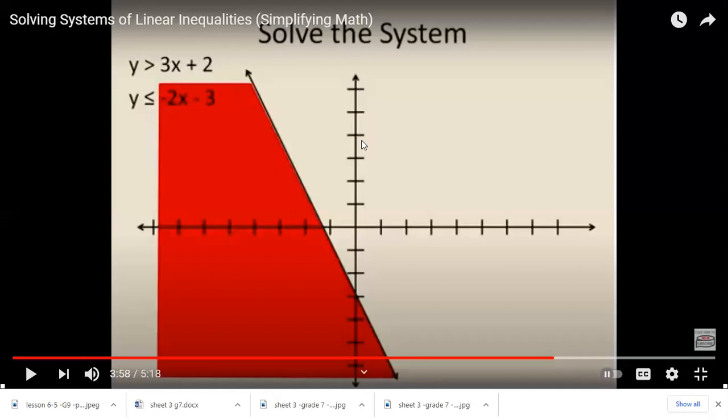Kariman, this line should be solid or dashed? Zena.